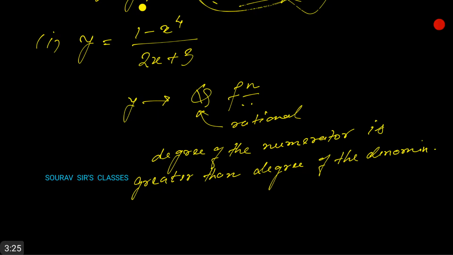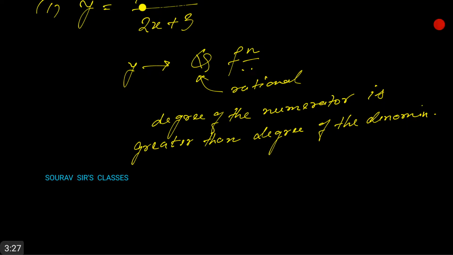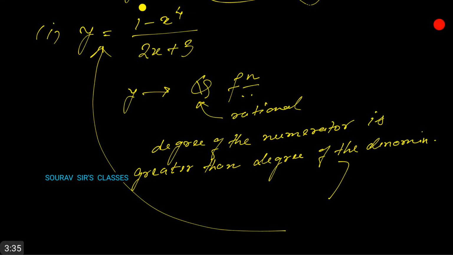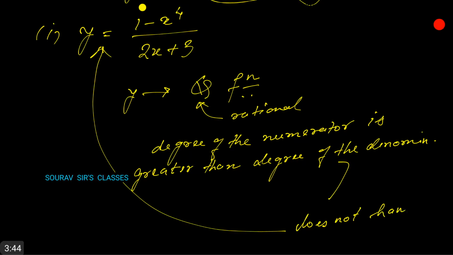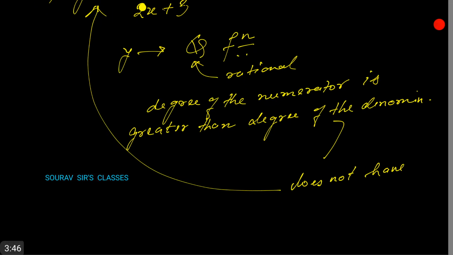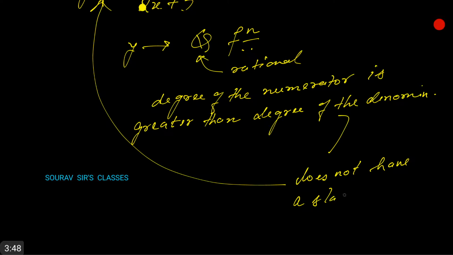So we have that this function does not have a slant asymptote.